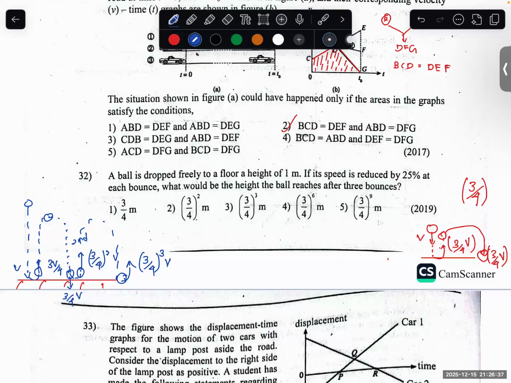Yeah. Now, what will be the height? If the initial height, as in the question, is 1 meter, what is the final height it would reach after 3 collisions? You have to find the height now. How do you do that? It's actually an energy equation. If the initial velocity is this, what is the maximum height it would go? Anybody know any shortcuts?